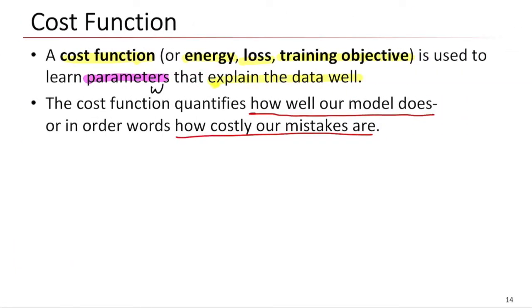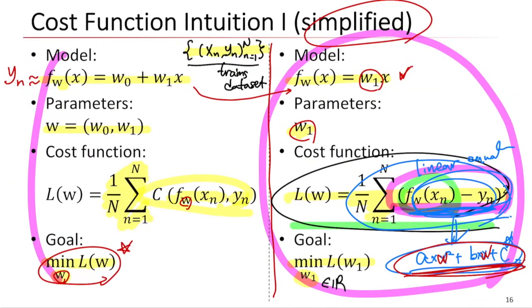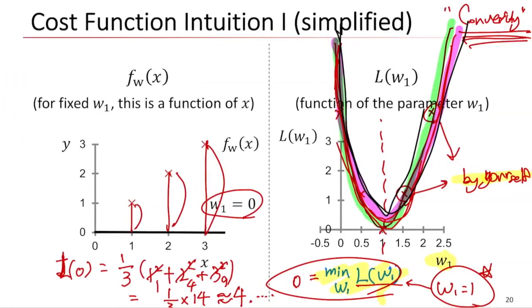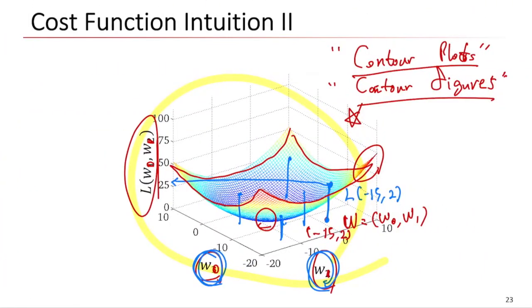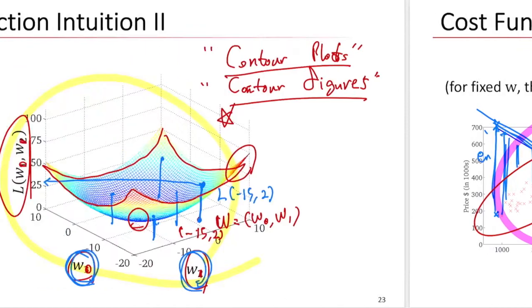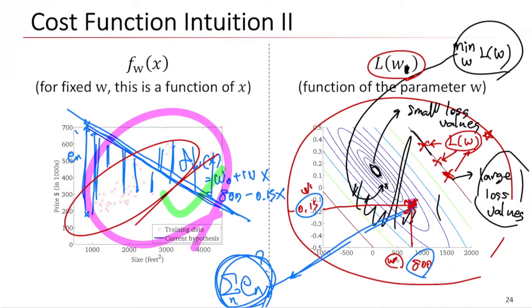In this course, we just talk about the gradient descent algorithm, but there are so many variants of the gradient descent algorithm. But we just talk about the simple gradient descent algorithm, right? So there was some cost function intuition. The cost function can be represented using the contour plot like this, right?